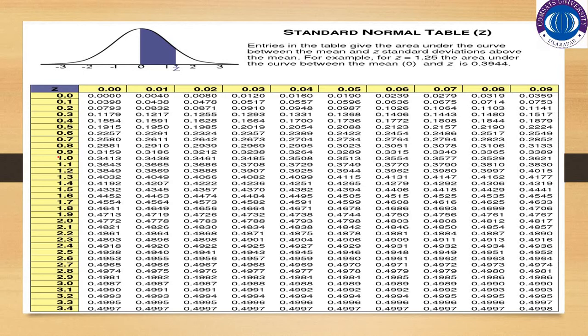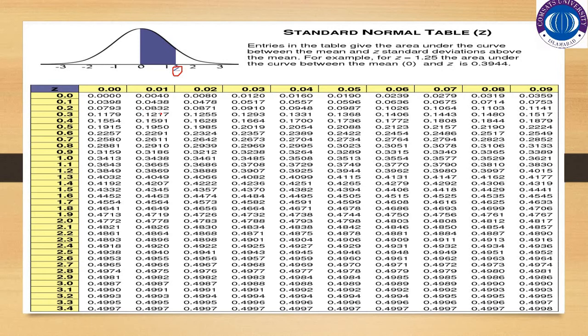In what way? The entries in the table give the area under the curve between the mean and z standard deviations above the mean. For example, for z equal to 1.25, the area under the curve between mean 0 and z is 0.394. So if this is 1, this is 2, somewhere here it will be 1.25.